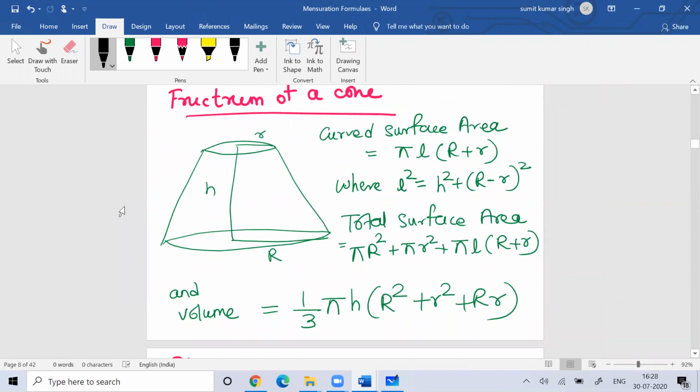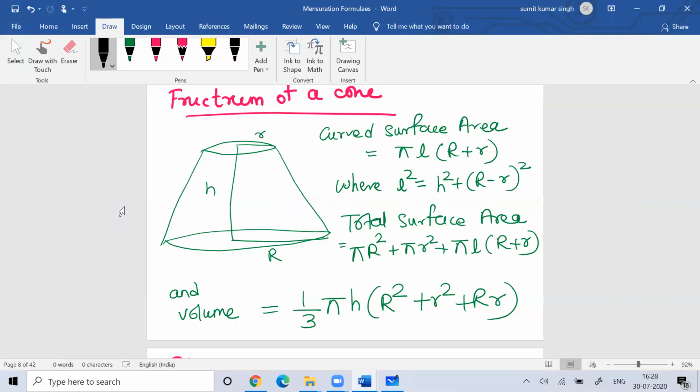The curved surface area of a frustum is pi L (R plus r), where L square is equal to h square plus (R minus r) square. Total surface area is the top area pi r square, then the bottom pi R square, then the curved surface area pi L (R plus r).